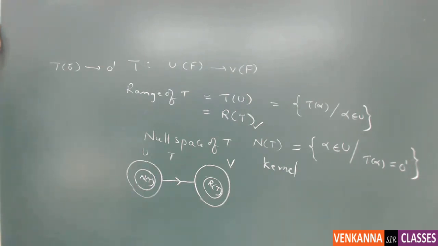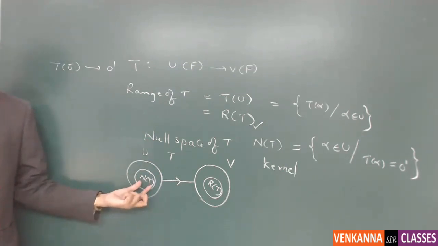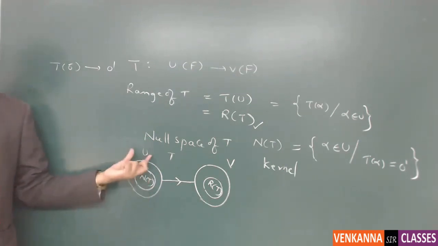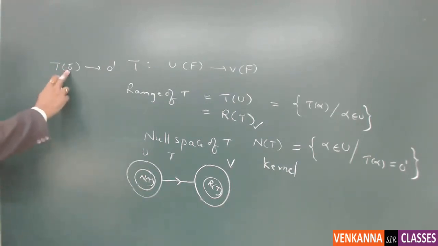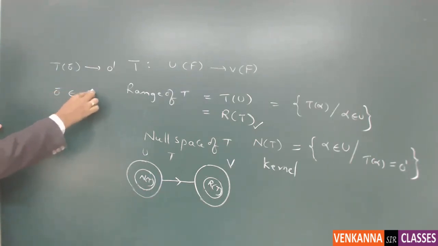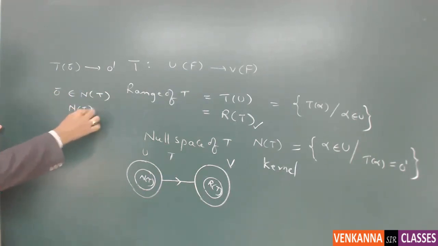If you have a small doubt how these become subspaces in those respective sets, let us have a small thinking. Suppose I want to prove that N of T is a subspace in the domain U. Since the image of 0 is 0, the 0 vector belongs to N of T, so N of T is a non-empty set.